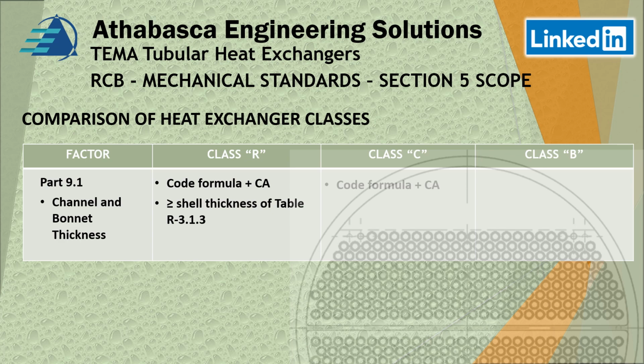Class C has the same basic equation, the code formula plus the corrosion allowance, but in this case you follow table CB 3.13 instead of table R. And again, it makes sense that for Class B, you follow the same requirements as Class C.